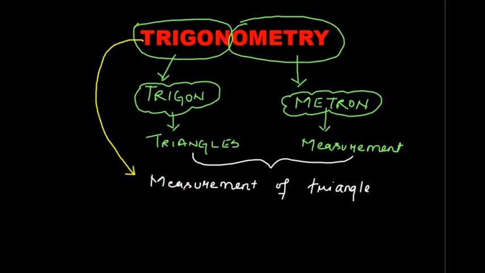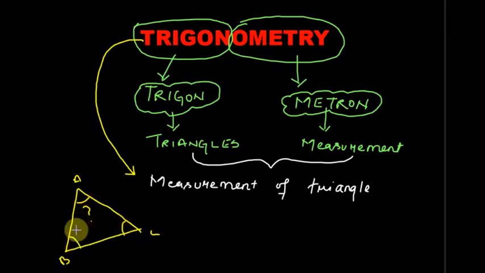If I try to simplify this term, measurement of triangles, what does this mean? We all know how a triangle looks, right? So I'm drawing one triangle. Measurement of triangles means we will try to measure, maybe sometimes, the length of these sides, like what is the length of AB, it may be 10 centimeter, 5 centimeter, or sometimes we might use trigonometry to find out the angles of these triangles.